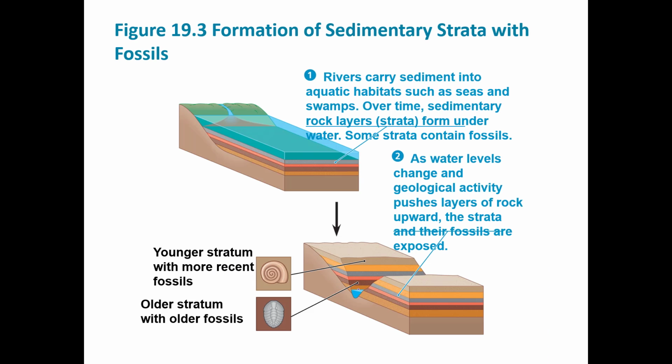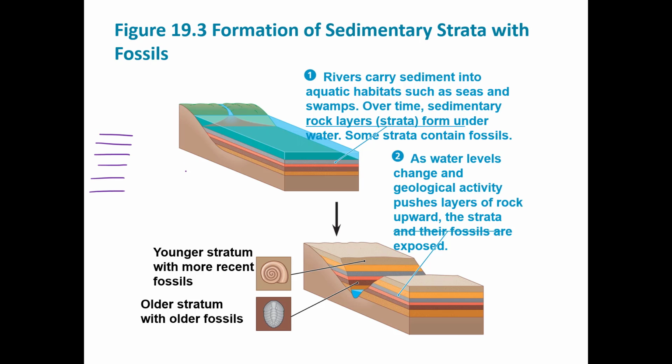But what happens is science kicks in. We don't just make up ideas and hope they fit with what a Bible says or something like that, but we test ideas, and when the ideas are falsified, we have to change our minds. And so what happens at the time is folks start studying geology, and they notice that rocks often occur in layers.